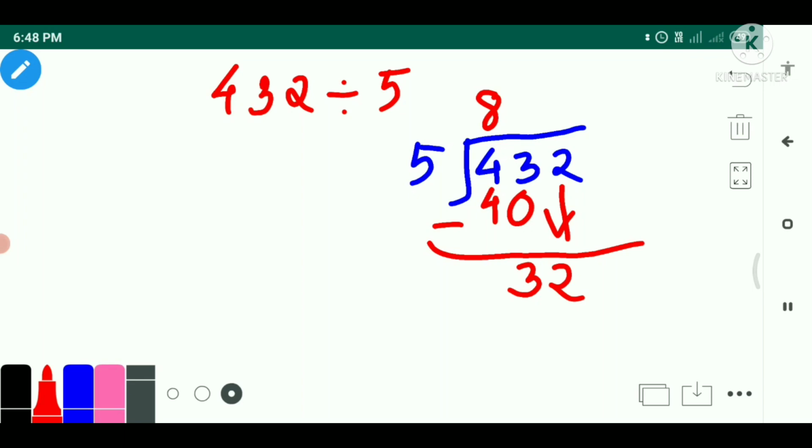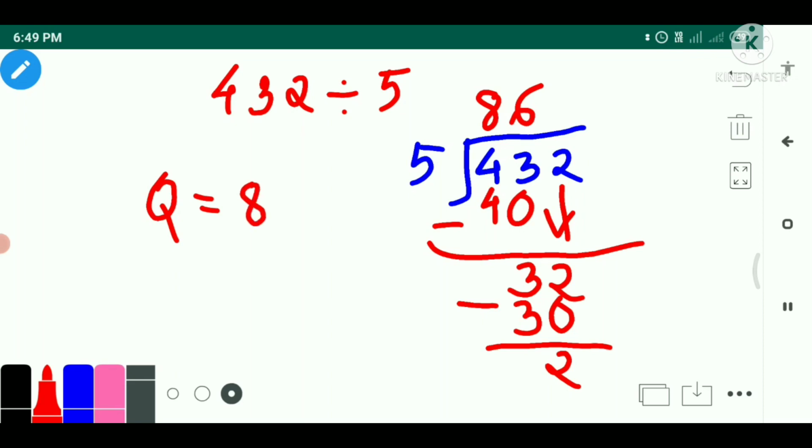So we'll write 5 6s are 30. Now again we'll do subtraction. After subtracting these two we'll get 2, right? So now here our quotient is what? 86, and our remainder is what? 2. Okay, this is how we can divide any 3-digit number with remainder.